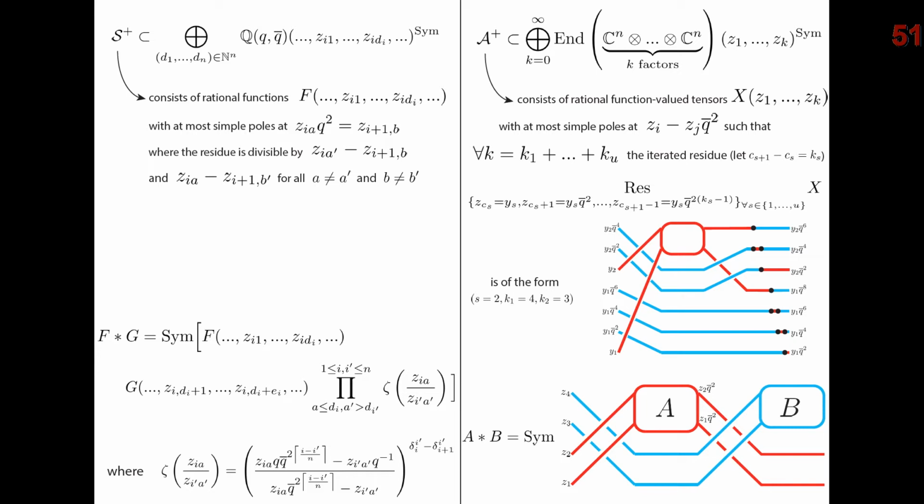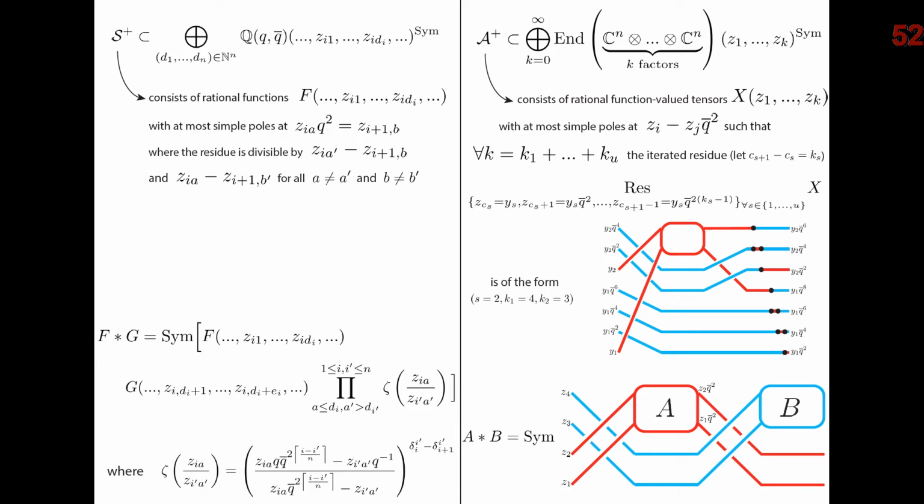So for example, you take the composition 4 plus 3 equals 7, and you break up a group of 7 variables into a group of 4 variables that are set equal to y1, y1 q bar squared, y1 q bar fourth, and y1 q bar sixth, and the other group of variables are specialized to y2, y2 q bar squared, and y2 q bar fourth.